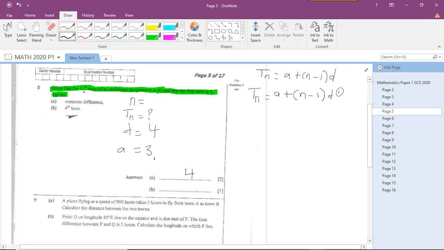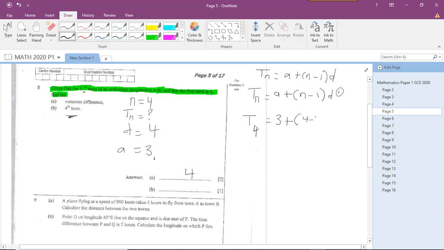The fourth term we do not know, meaning n is equal to 4, and the common difference is equal to 4. T4 is equal to the first term, which is 3, plus n, now 4 because the question says find the fourth term.